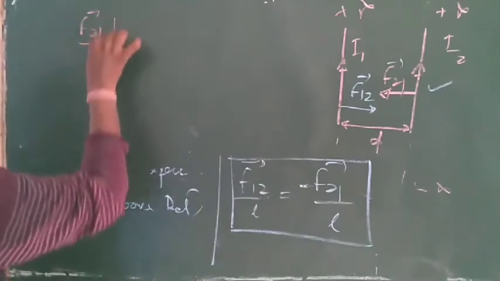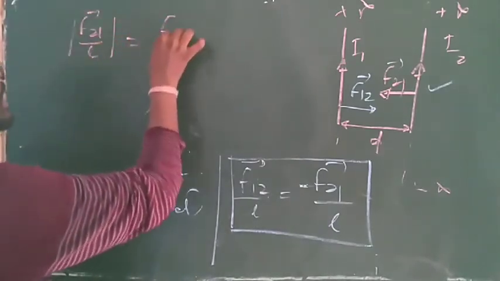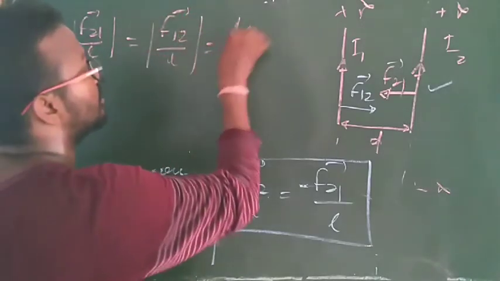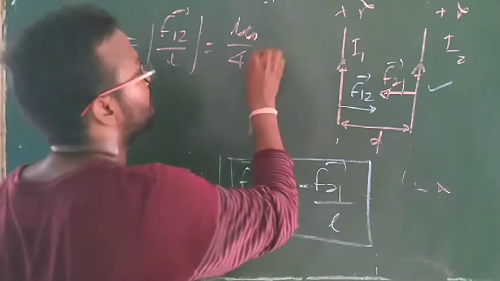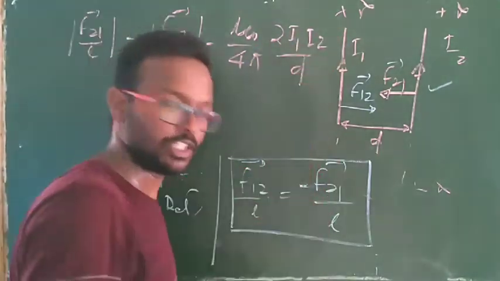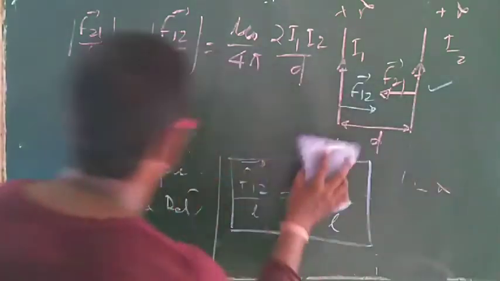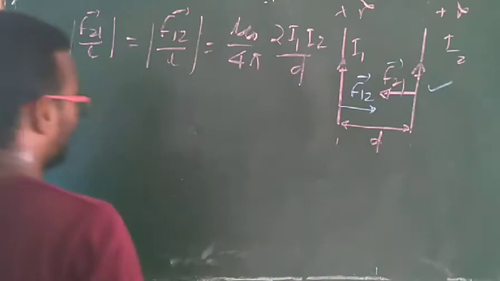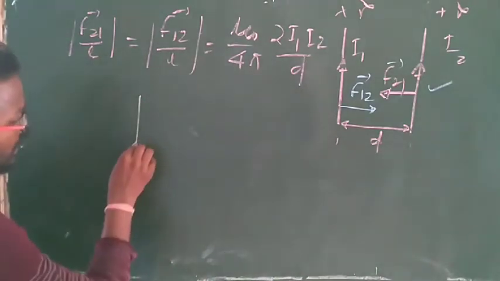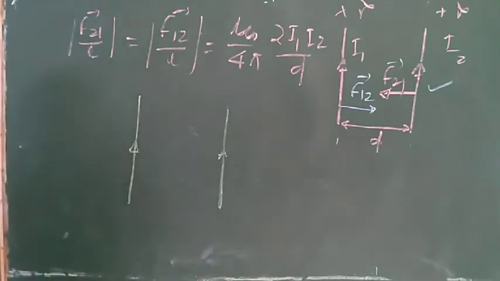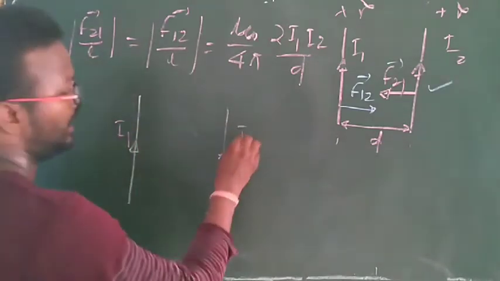F21 divided by L magnitude is equal to F12 by L magnitude, which is equal to mu naught by 4 pi times I1 I2 by d. So suppose there are two long straight infinite conductors carrying currents I1 and I2.